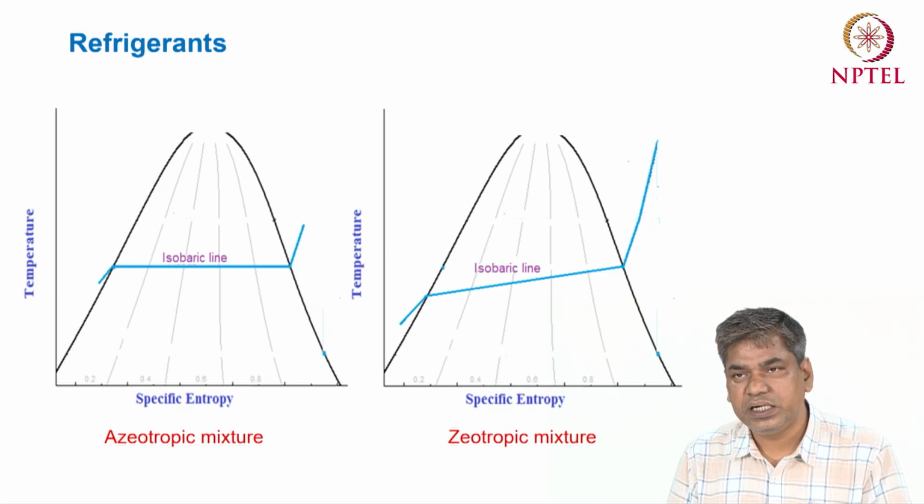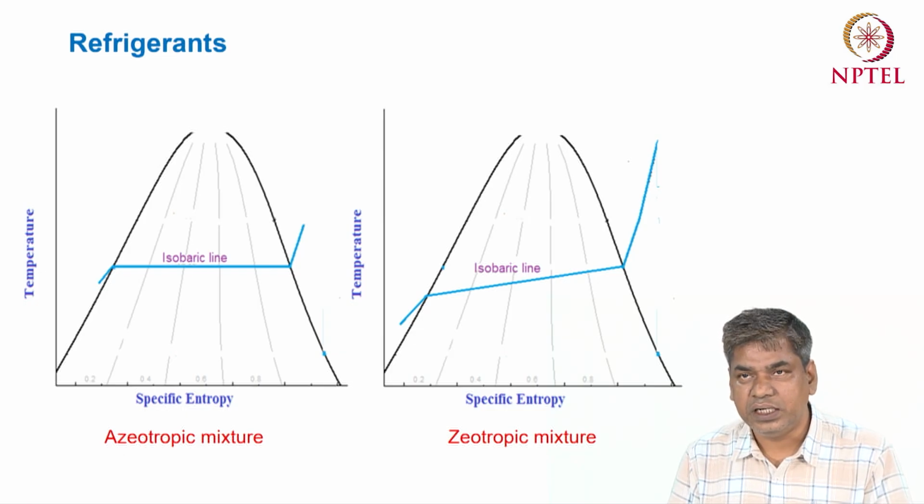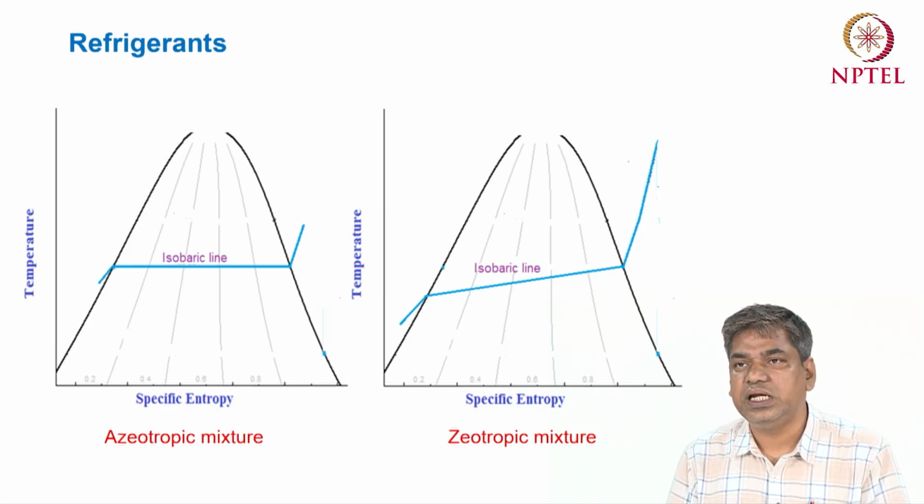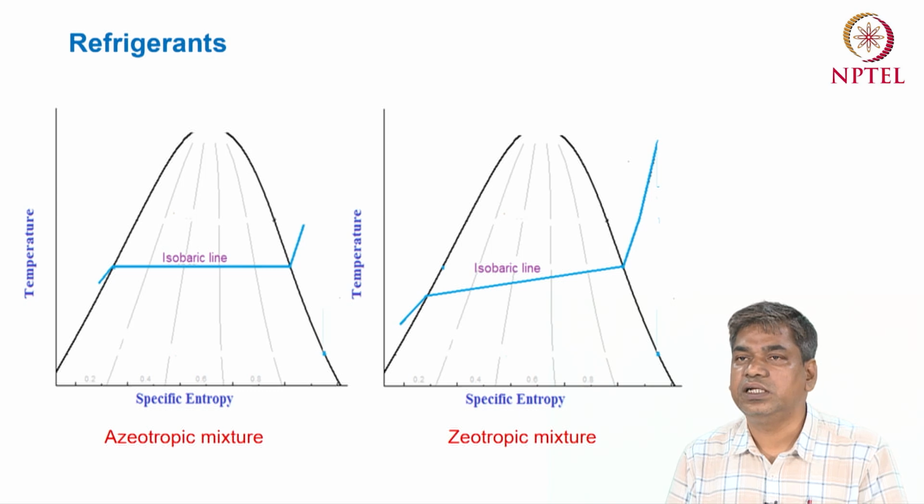But in the case of a zeotropic mixture, you will see that the constant pressure line is different compared to the pure refrigerant. If you heat up any zeotropic mixture, you will see that the start of boiling occurs at some temperature and the end of boiling occurs at a higher temperature.